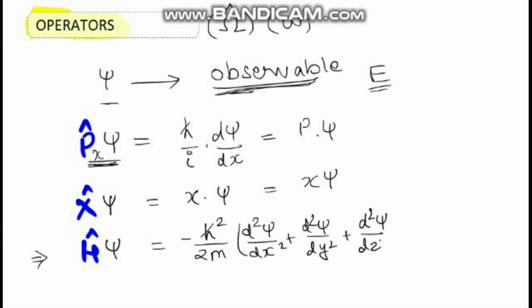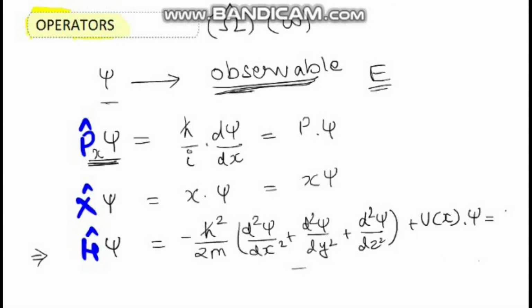This is complicated. Then you add the potential energy. This part is all kinetic energy. Then you use the potential energy on psi. That's it. Then you get the value of energy. That's how you obtain energy.